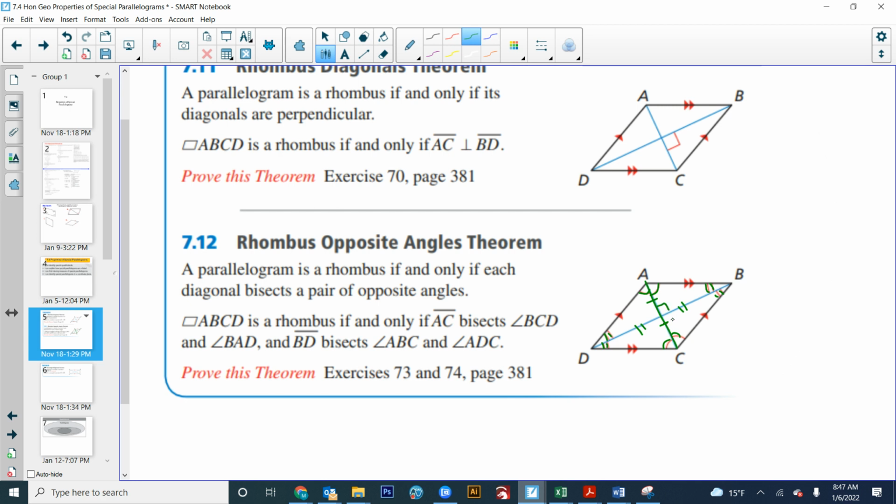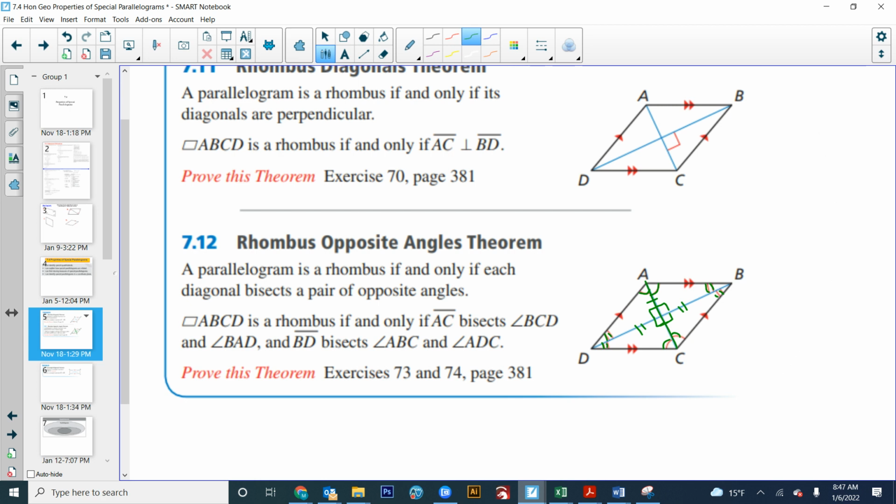That's 90. You get a 90. You get a 90. You get a 90. So in a rhombus, the diagonals are perpendicular and they bisect opposite angles. They also bisect each other because it inherited that property from the parallelogram. Make sense? We're good with rhombuses.